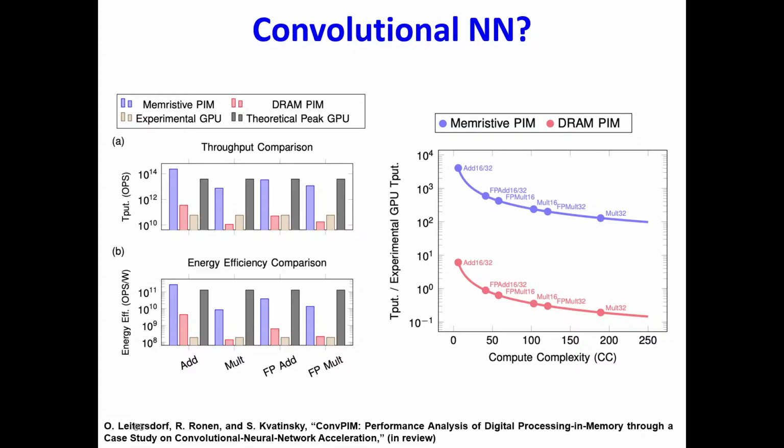And even if we don't take memristors but DRAM, like what Onur showed, DRAM is slower, but at least for integer additions, for example, it's still 10 times better than GPUs. But for neural networks, we need matrix multiplication.